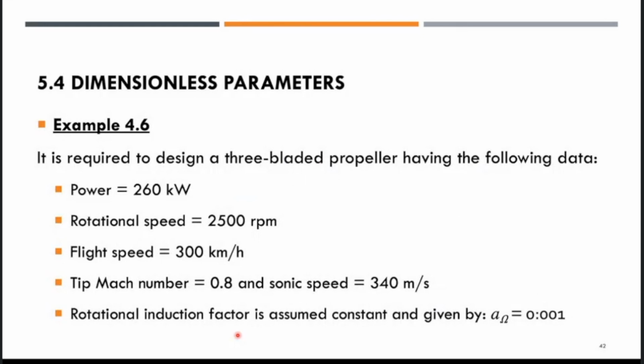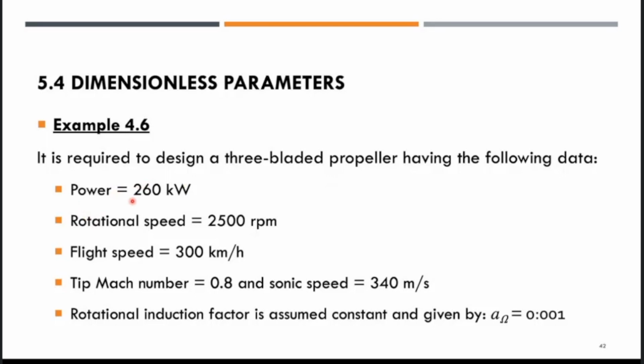Let us look into one example. Hope that you can appreciate all those equations that we have already introduced earlier. All right. So right after example 4.6, we can have a short break. Okay. In this example, it is required to design a three-bladed propeller having the following data.